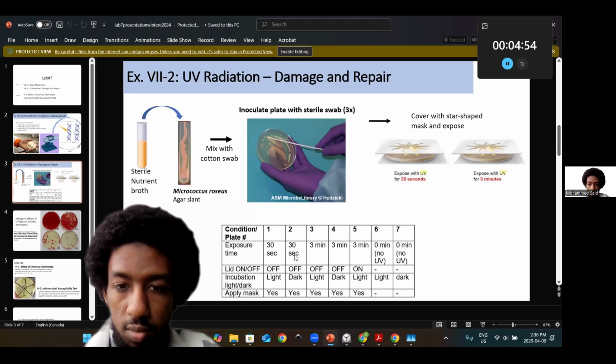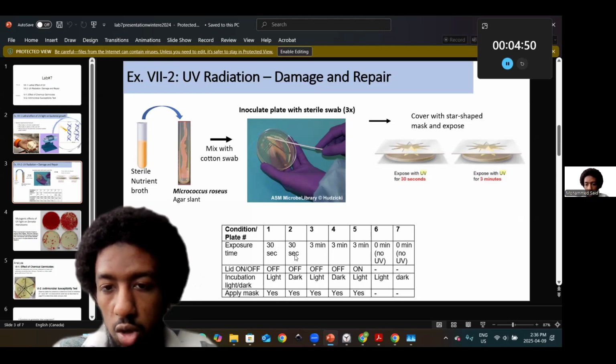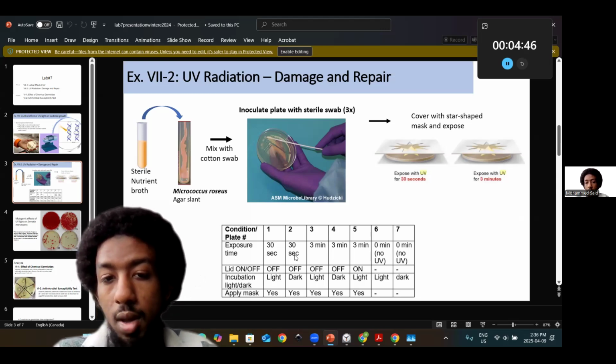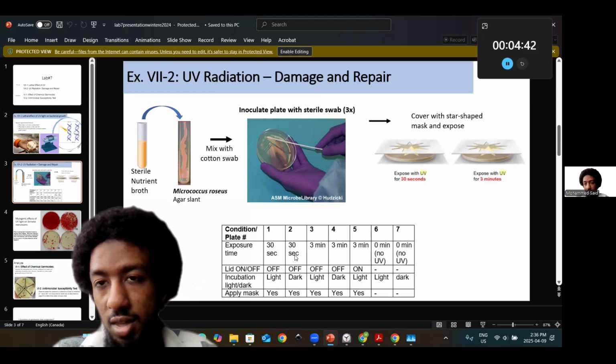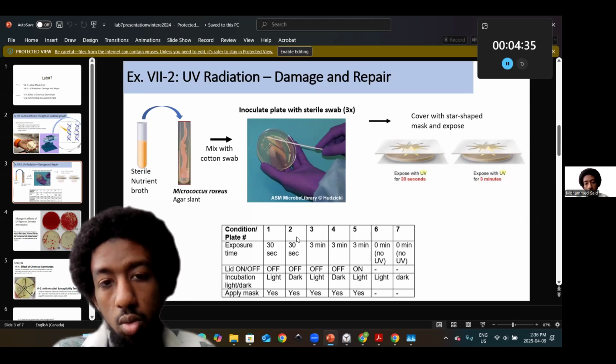And so, even though the UV exposure is like 30 seconds to 3 minutes, you could come to appreciate the different impacts that you have post incubation, and even during the incubation or exposure, the effects of or the adaptability or the potential for repair for these different sets of bacteria or the same bacteria across different conditions.